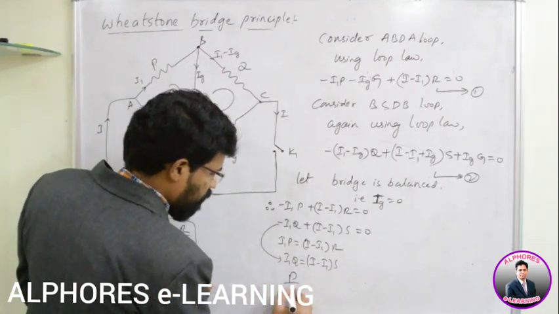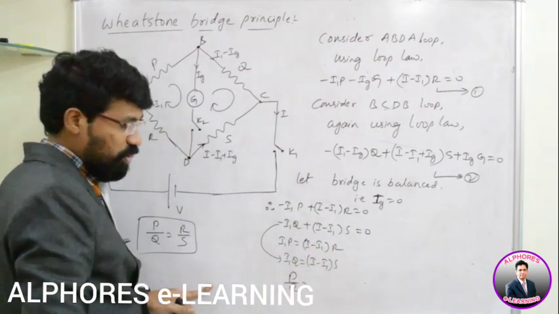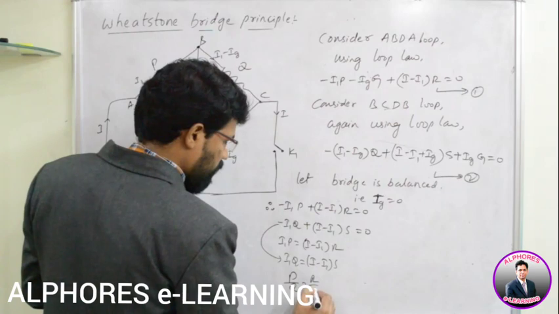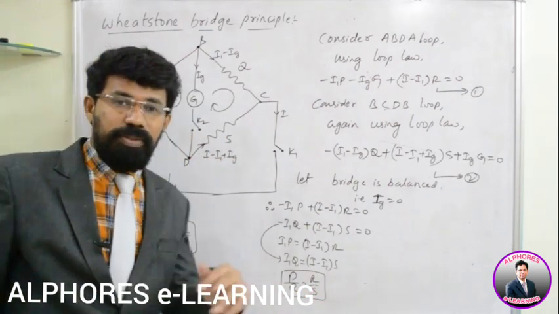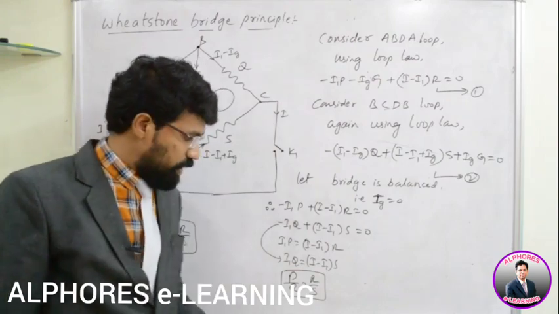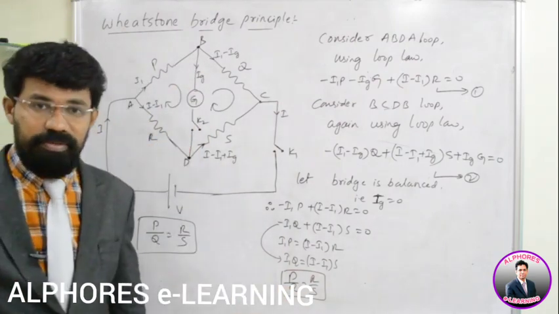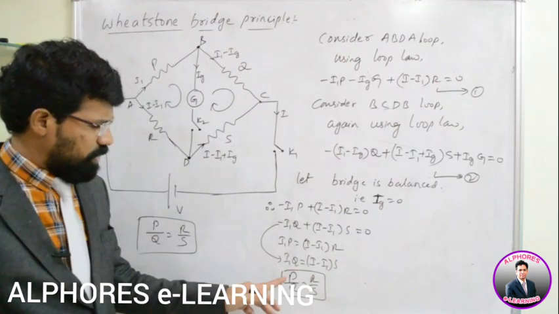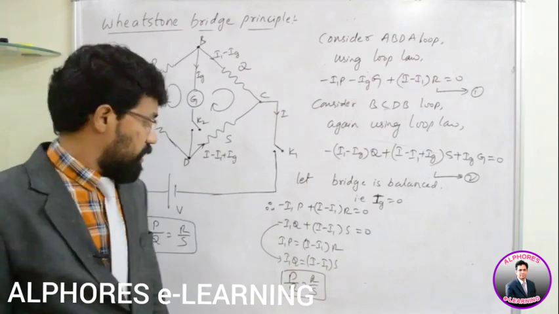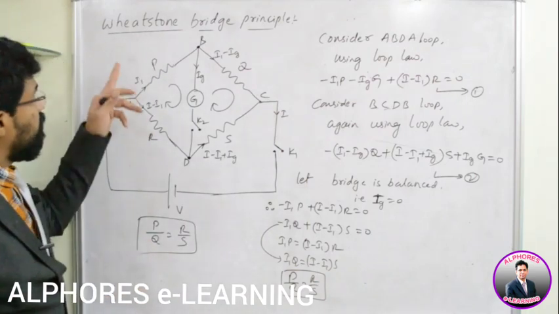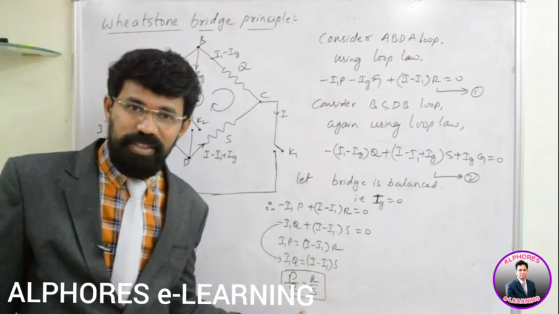You will have P by Q, and here I minus I1 by I minus I1 both get cancelled, and you will have R by S. So when the bridge is balanced, finally the conclusion at which you have ended up is P by Q is equal to R by S. Or you can express this in different ways: PS is equal to RQ, something like that. Okay, so whatever Wheatstone's bridge principle was given in the statement, the same statement was derived here.